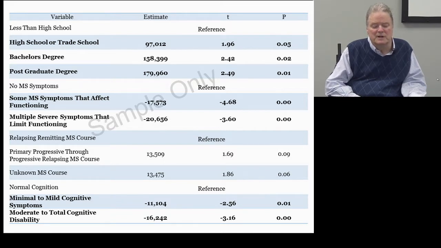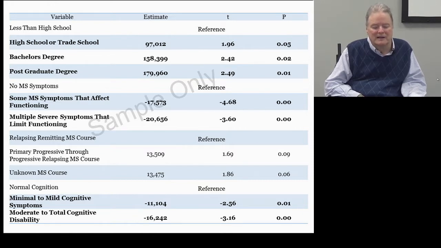Now the next two were not significantly related, MS course, but it was interesting that the trends were for higher income. So the course, although affecting the likelihood of employment, at least from this analysis, did not affect the likelihood of making a good salary, and actually there is a little bit of evidence that maybe the people that were able to overcome their course and stay employed really did so at a good level.